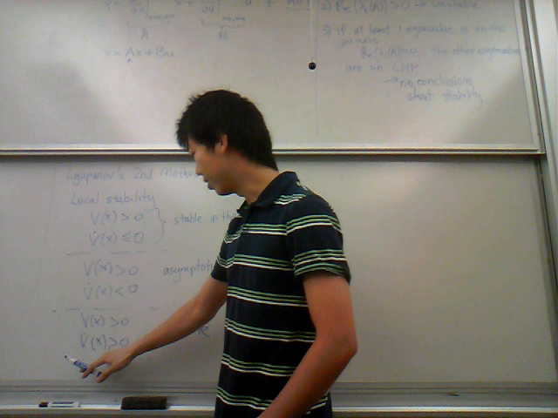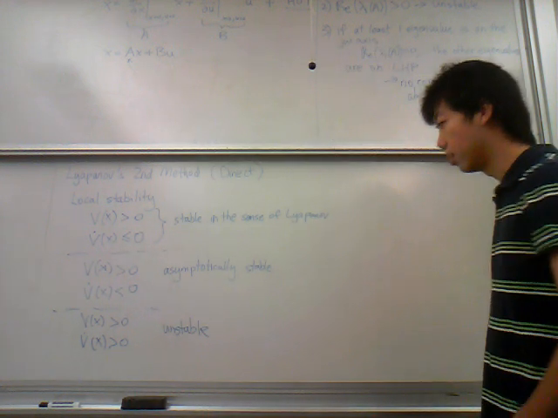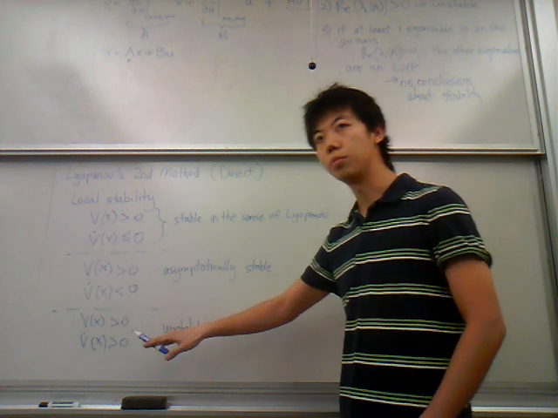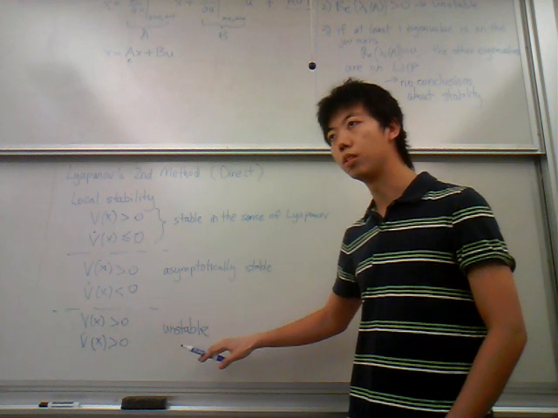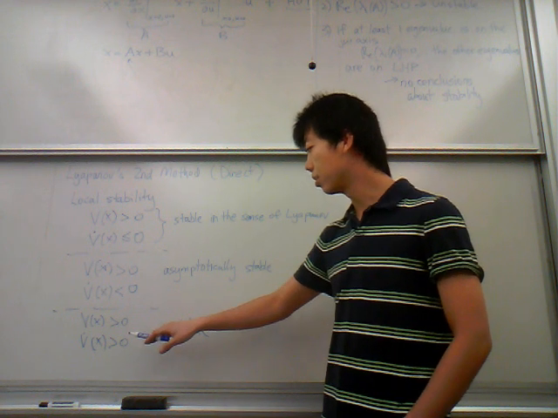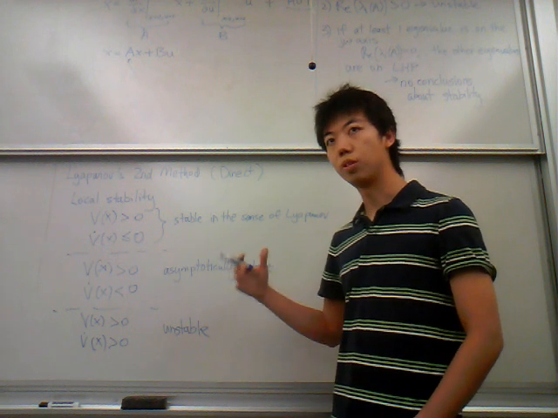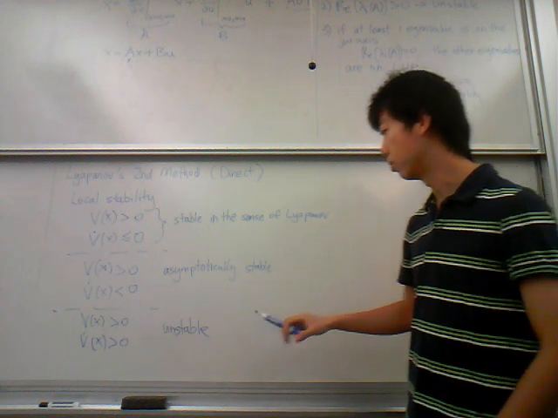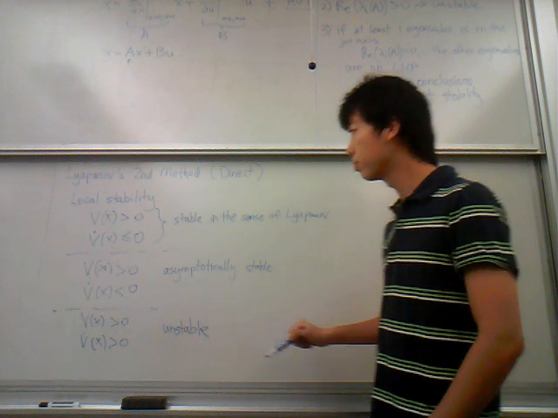If our V dot is positive semi-definite, there are some theorems in chapter 4 that tell you something about the stability, but it's generally unstable. In that case, we can't really determine a region of instability. We just have to say that the equilibrium point is unstable.